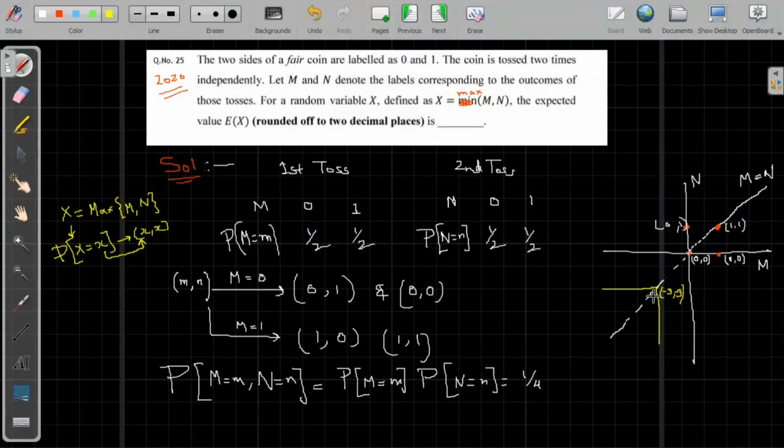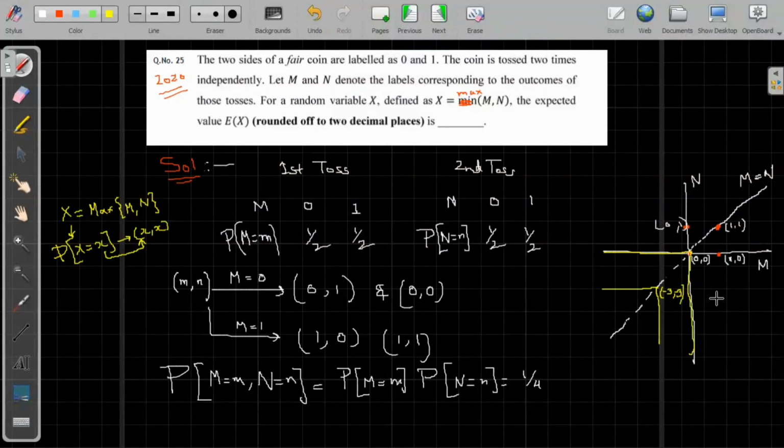Similarly, for all such boundaries whose corner lie in this third quadrant, there will be no point out of these 4 points that will lie on that boundary. So for all such values of x, the probability will be 0. So the first non-zero probability will come when we consider this boundary, and corner will be at 0 comma 0.